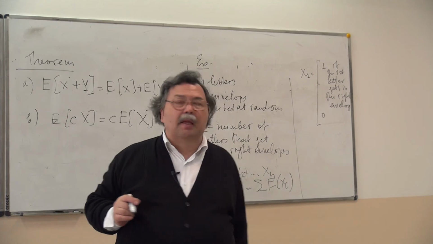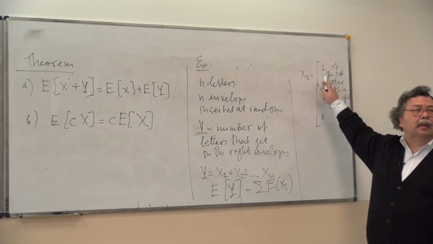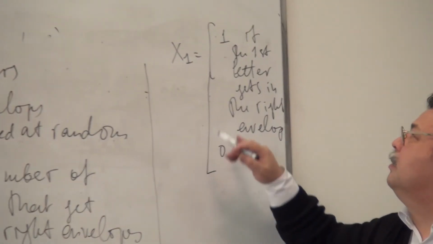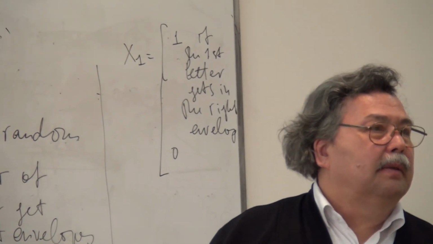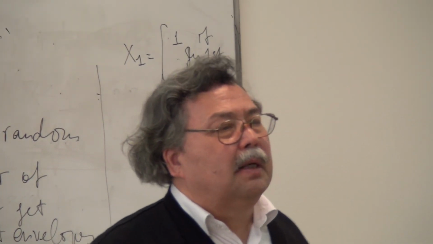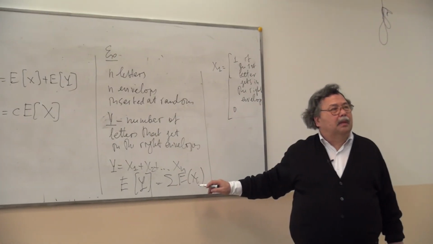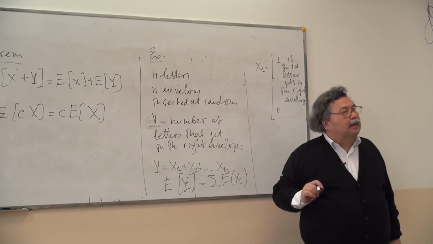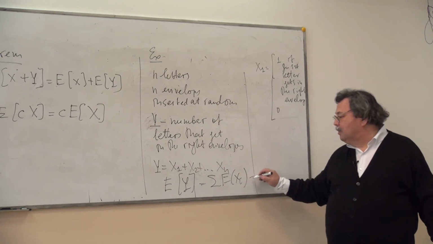So 1/n times 1 plus (n minus 1)/n times 0. The expectation of x1 is 1 over n. Are you following this? And this applies to each term in this sum. So the expectation of each individual random variable is 1 over n. And we sum up n terms like this, which gives us this answer.